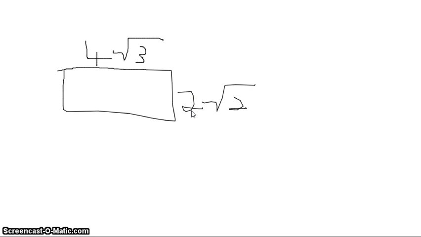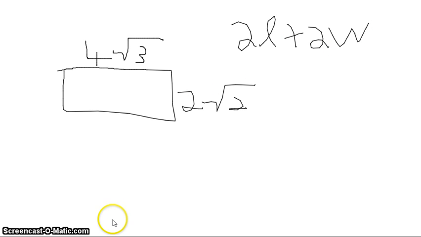For the perimeter, you're going to want to do 2L plus 2W. So we take this and multiply it by 2.